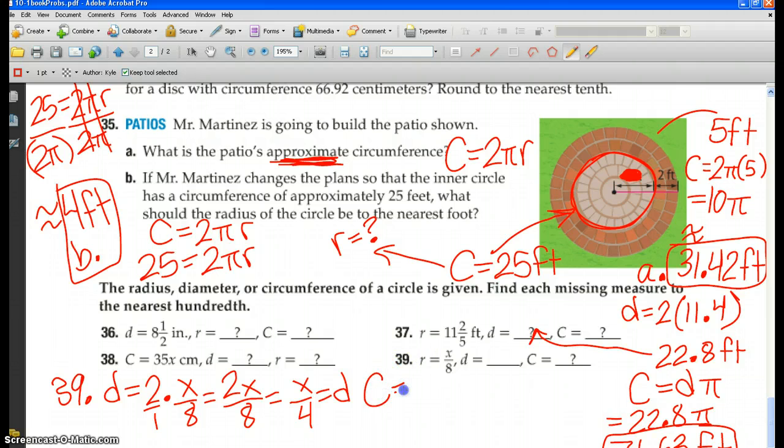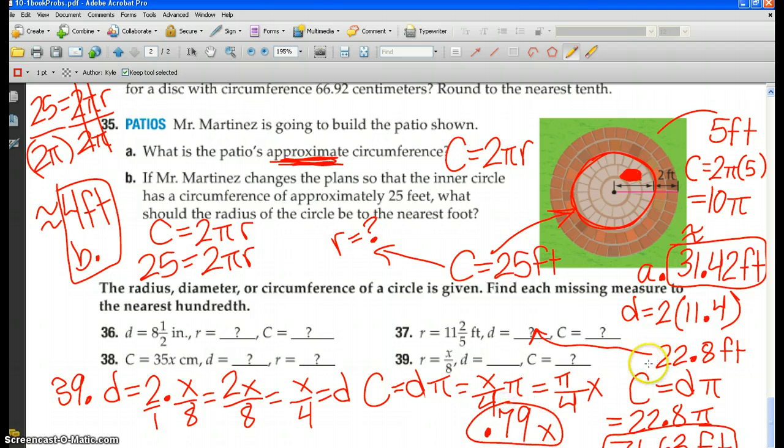So circumference is that diameter times pi, or x over 4 times pi, which is equal to pi over 4 times x. And pi divided by 4 is approximately 0.79. So approximately 0.79x would be our circumference, depending on whatever x is.